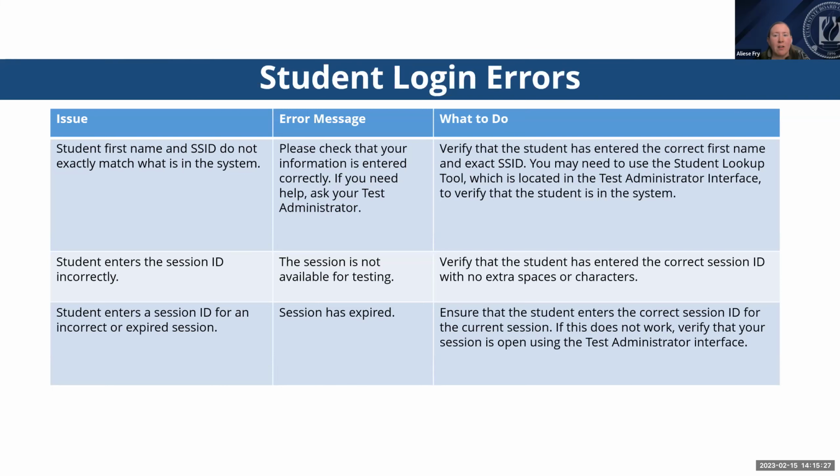The most common errors occur when a student's first name or SSID don't match what's in the system, or when SSIDs are entered incorrectly. So if a student receives an error message indicating that they've entered incorrect information in the first name or the SSID fields, you can use the student lookup tool that we looked at. Another common error is when students enter the incorrect session ID.